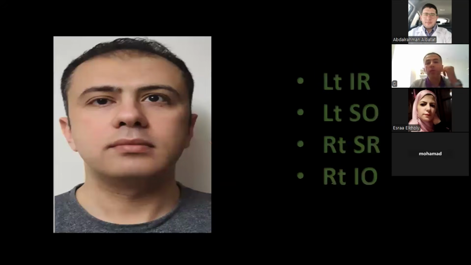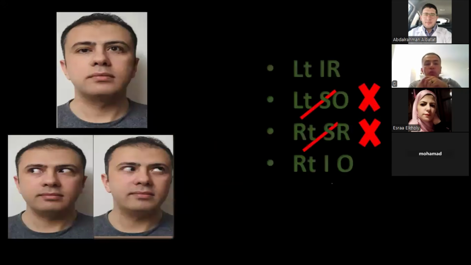Last scenario, if you have left over right that worsens on the left side, now you have either the left inferior rectus or right inferior oblique, but this time it was worsened on left head tilt. So this is clear right inferior oblique paresis, because at the left head tilt, the inferior oblique of the right eye has to extort and elevate, but it failed to do that.